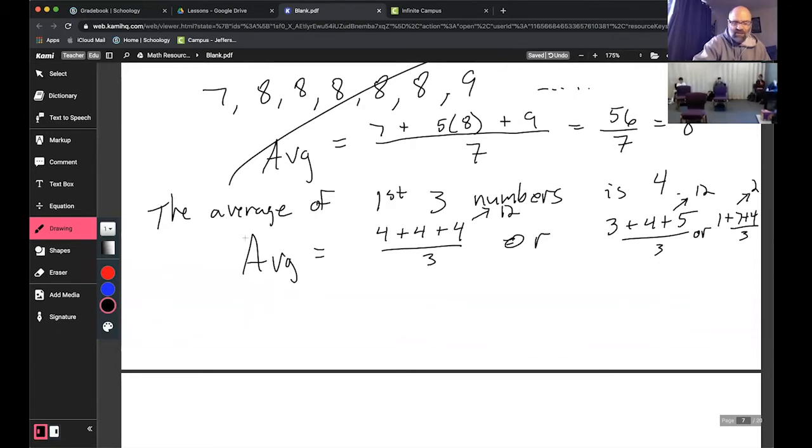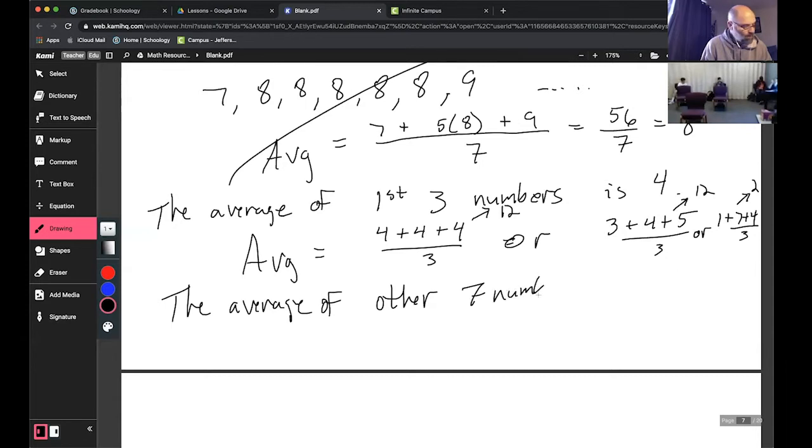Then there's another sentence. The average of the other 7 numbers is 8. What's the overall average?